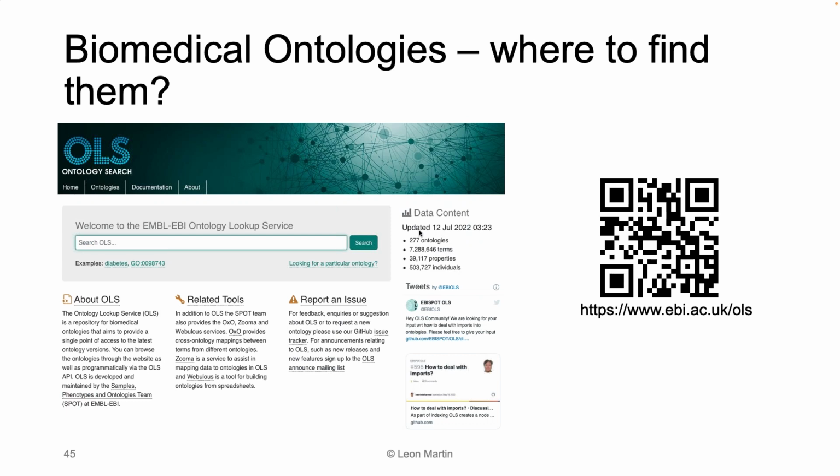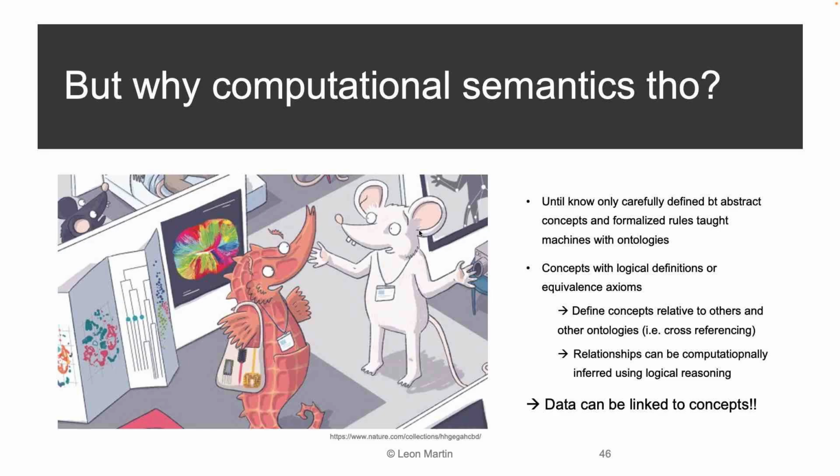So the question could arise, why those things? Why computational semantics? Why use it? So we have these rules that could be taught to machines, and we could use them for inferencing missing links, but you could also go into your ontologies and add those missing links.